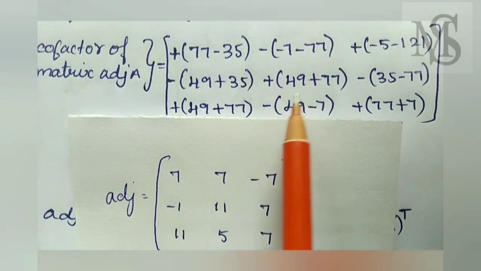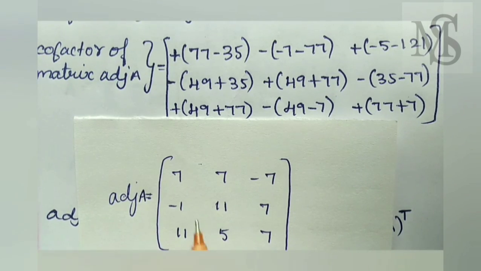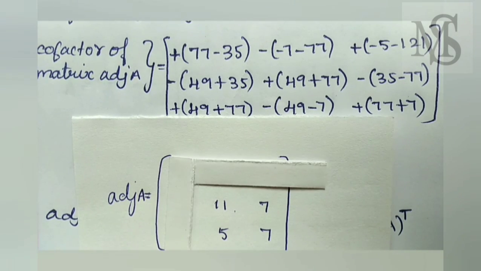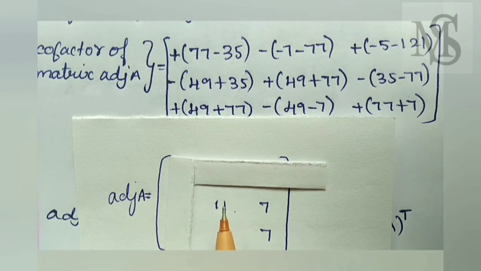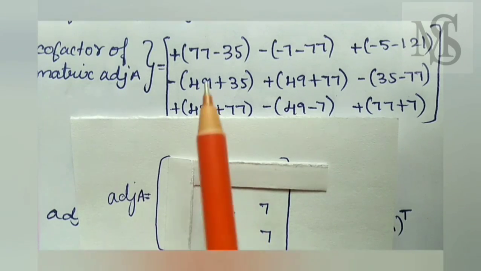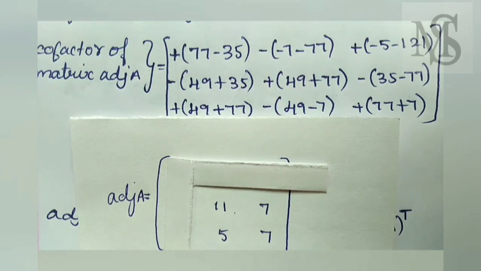Take the adjoint A matrix, that is 7, 7, minus 7; minus 1, 11, 7; 11, 5 and 7. Now by hiding the values in the first column and first row, we find the value of the first place, that is 11 into 7 is 77 minus 5 into 7 is 35.